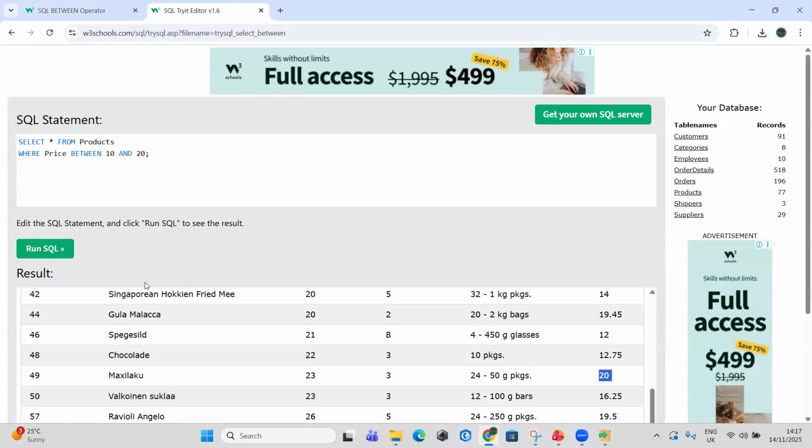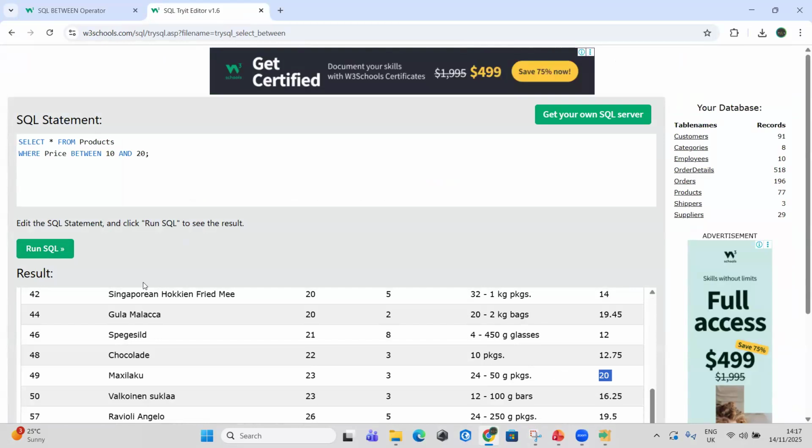So just remember, if you ever come across BETWEEN, it also corresponds to the values on the border. If I tell you to run between some range, it includes the starting point to the ending point as well.